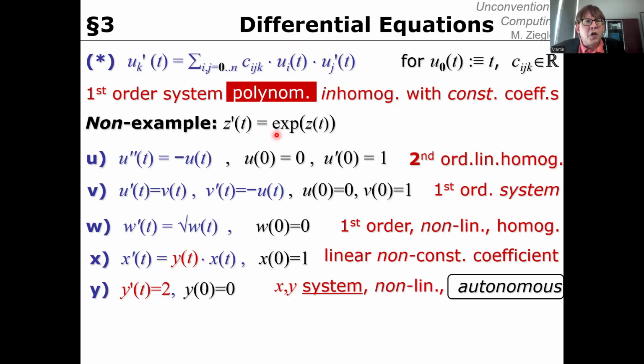So whenever the nonlinearity is a polynomial, then we call this an algebraic differential equation, or here a system of algebraic differential equations. And such systems of algebraic differential equations tend to be important, and this is a main result of Claude Shannon.